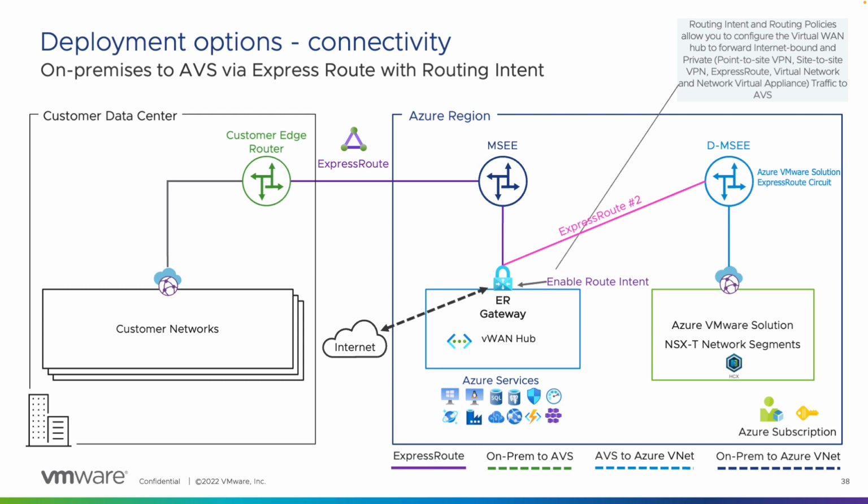Gateways, such as the ExpressRoute gateway in a vWAN hub, are not transitive by nature, so you can talk from on-prem to Azure through ExpressRoute, and you can talk from AVS to Azure through an ExpressRoute, but by default, those connections do not mean that those two things can talk to each other until you enable routing intent, which allows you to enable them to act transitive.